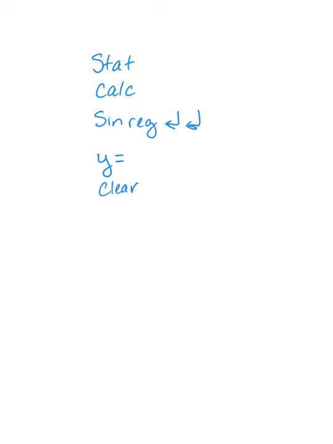And then you hit vars, which is kind of kitty corner from the stat button. Number 5. Hit enter. Then go over to equation and hit enter. And it should show up in your y equals screen.